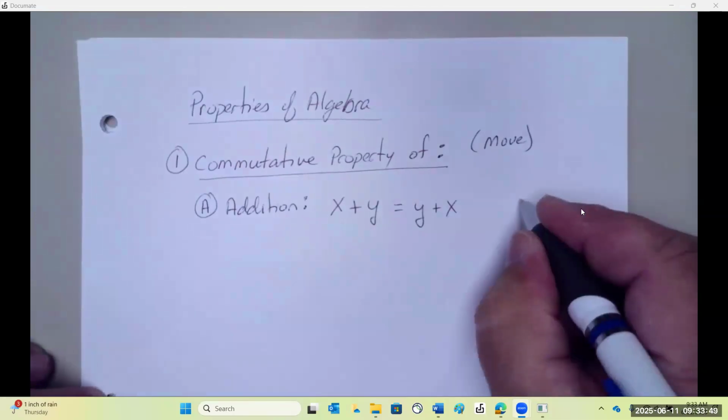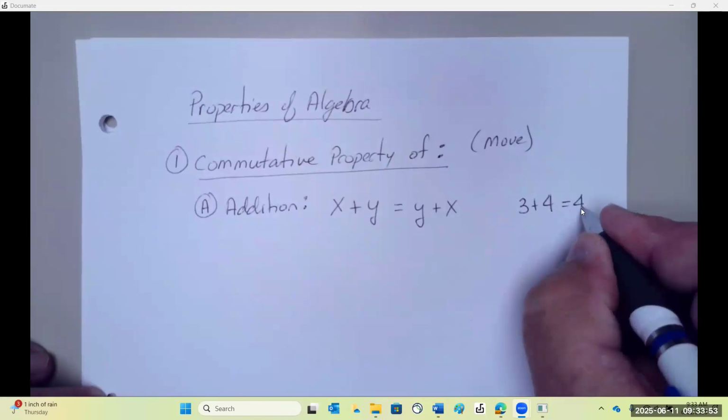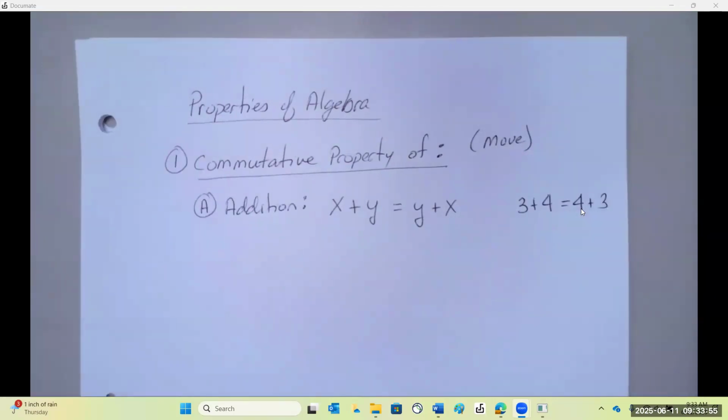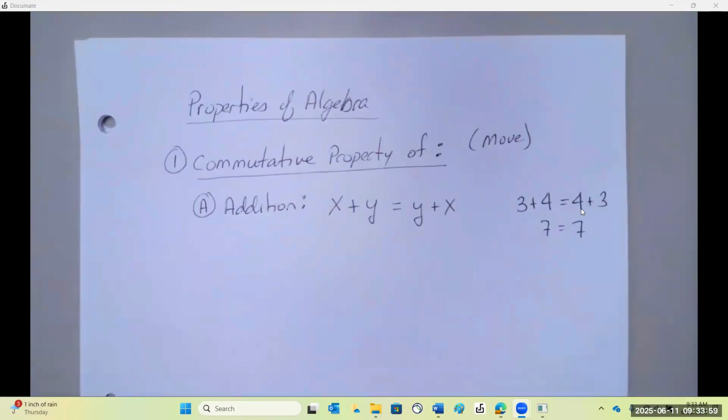So, for example, 3 plus 4 is the same thing as 4 plus 3. They both equal 7. So it doesn't matter how we arrange them. I can move them around. Did I do that? Yes. With my last example, I moved them around.